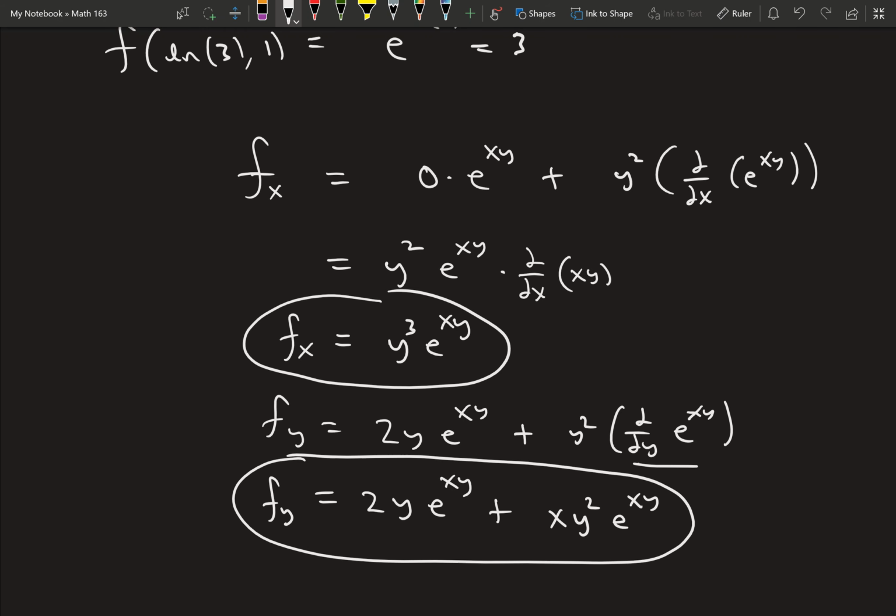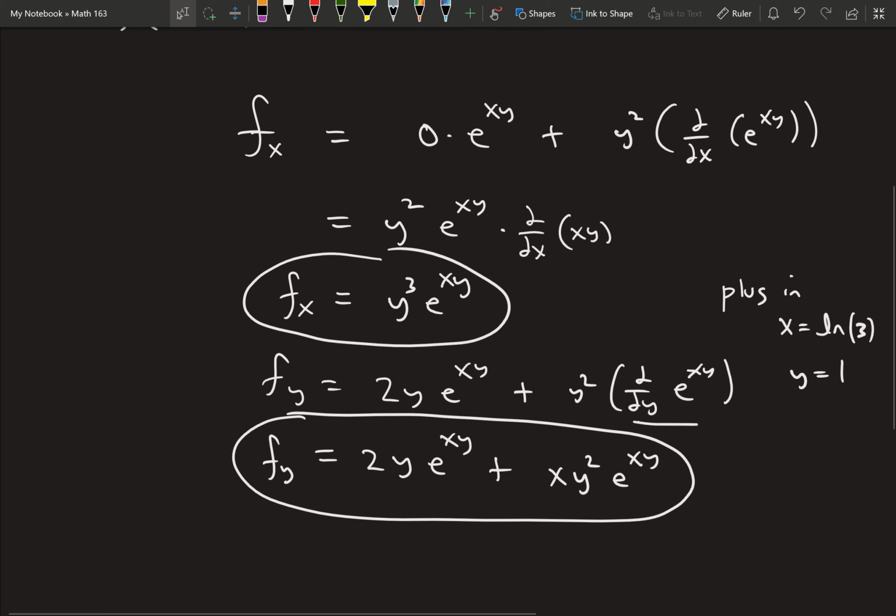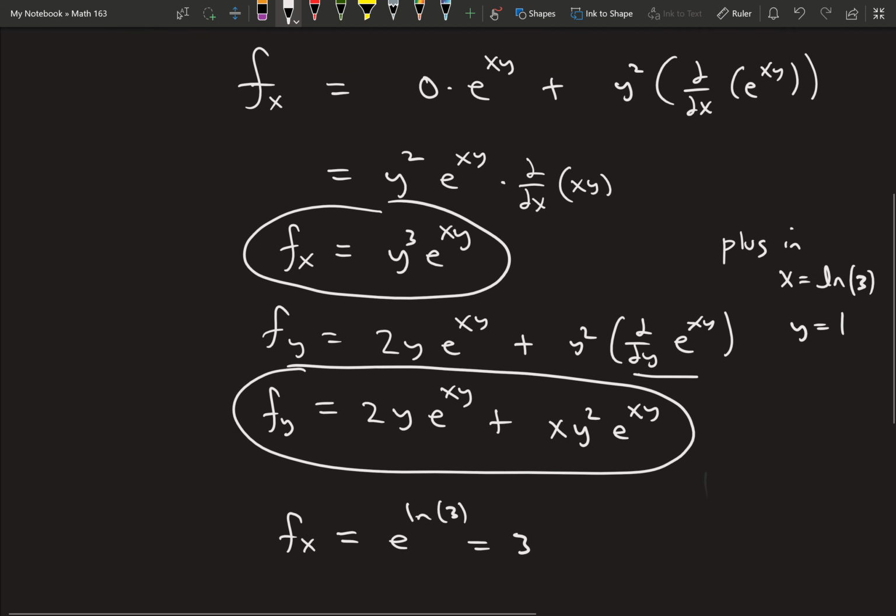And now we need to plug in, so we plug in x equals ln of 3 and y equals 1. So for fx, we get e to the ln of 3 again, which is 3.